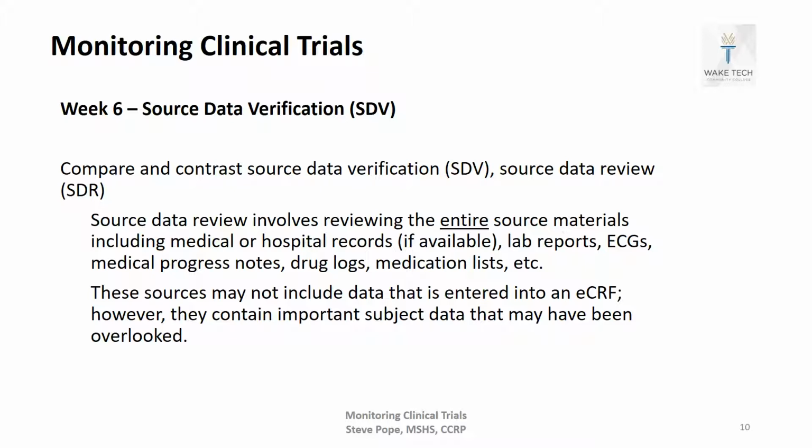A lot of cardiologists will tell you every ECG is abnormal, so that's not unusual to see written on an ECG. These are some of the things that you want to be reviewing as you're going out there and doing your source data verification.